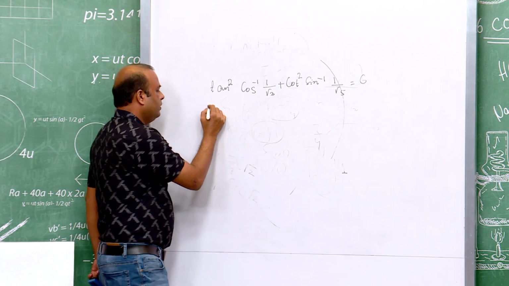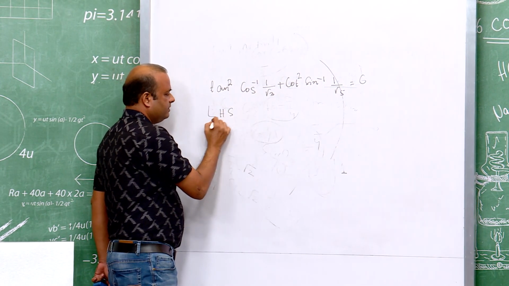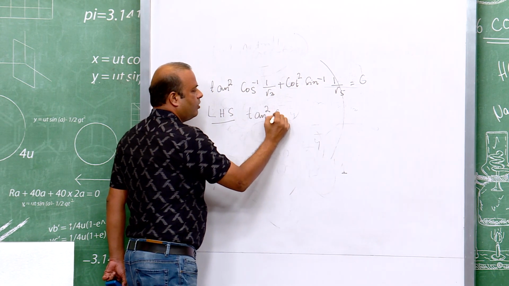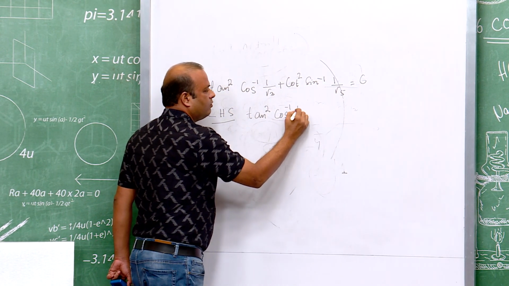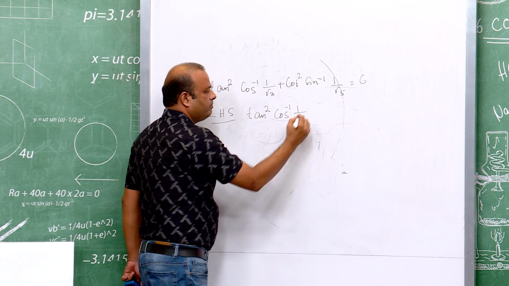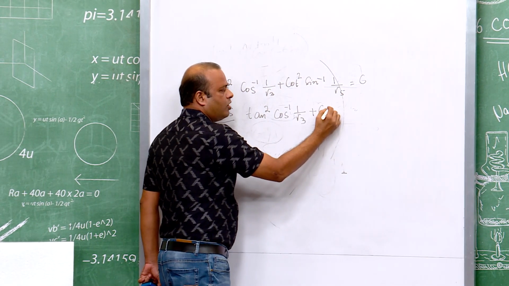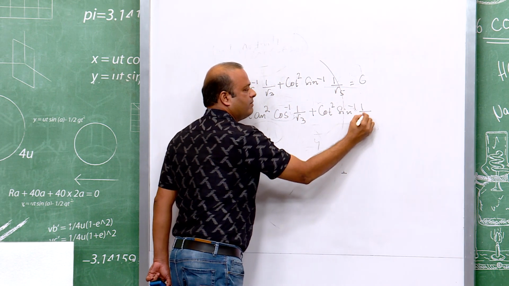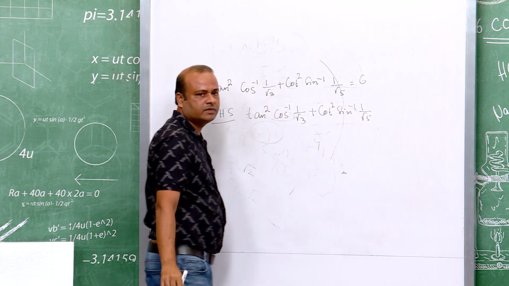So take the LHS, tan square cos inverse 1 by root 3 plus cot square sin inverse 1 by root 5.